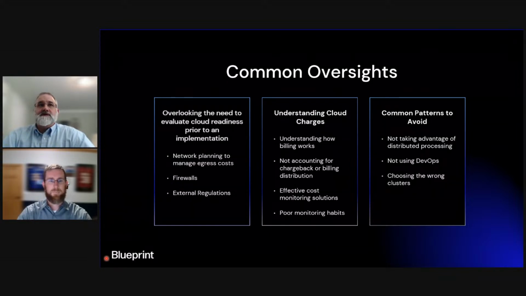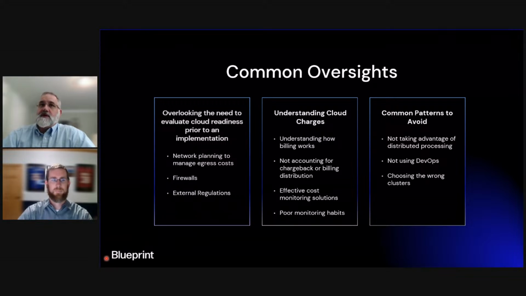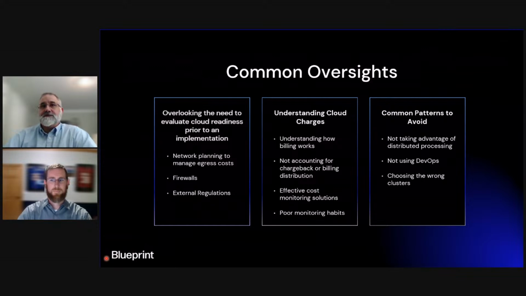The second one is understanding cloud charges, including how billing fully works in a cloud environment, not accounting for chargeback or billing distribution, effective cost monitoring, and even poor monitoring habits. And then lastly, common patterns to avoid typically for the data engineering team and in your strategy. So this is not taking advantage of distributed processing with your code, not using DevOps, and then choosing the wrong clusters.